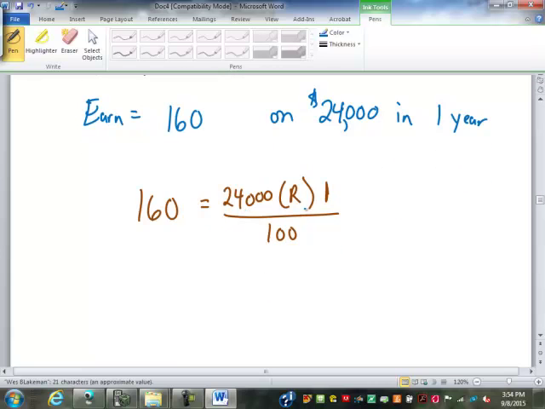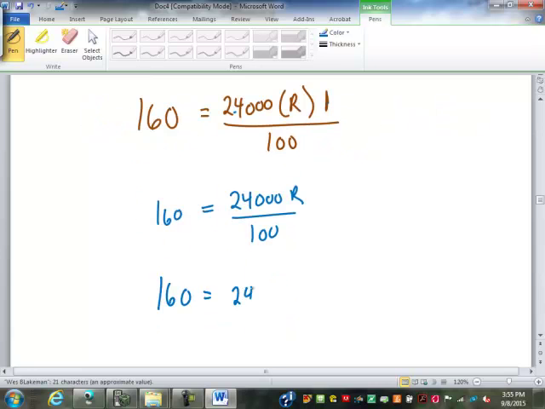So, to figure this out, we're going to, I screwed this up. Anyway, to solve this, we can combine the 24,000 and the 1, give us 24,000 times R. Then we could divide by the 100.